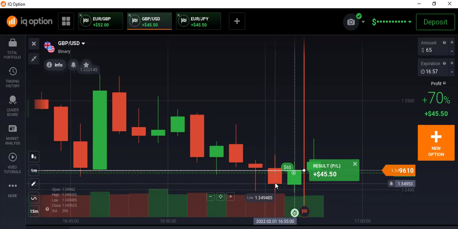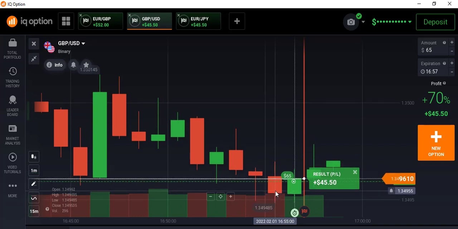When we see this type of short wicks, small wicks but volume high, market will reverse. That's why I place my trade, although it was my very high risky trade. I placed my trade here to the upper direction for 1 minute. After 1 minute, market create here a bullish candle, strong candle, not so strong but it closed above my entry point, and this is my winning trade.